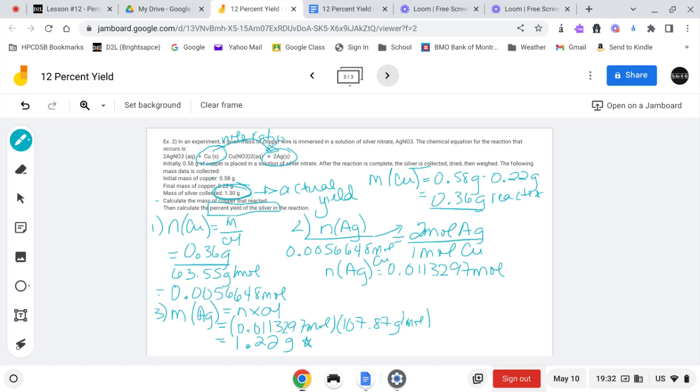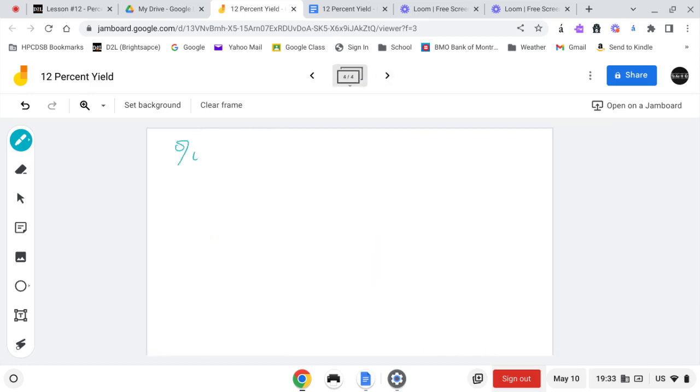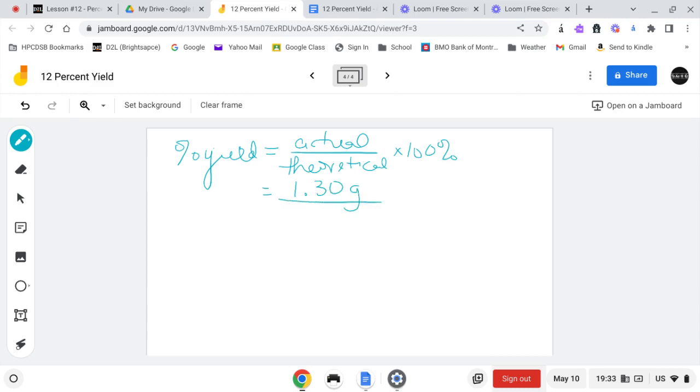Sometimes that happens. And then what we'll do is we'll set up right here the percent yield calculation. So percent yield is equal to the actual amount divided by the theoretical amount that we calculated, times 100. So we actually got 1.30 grams.